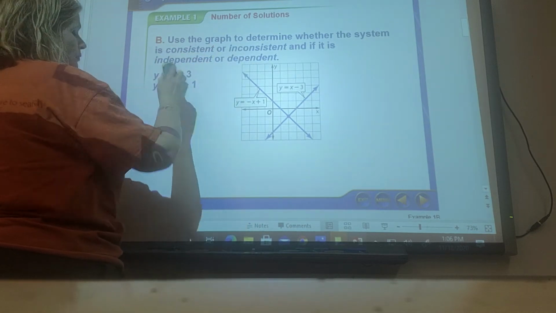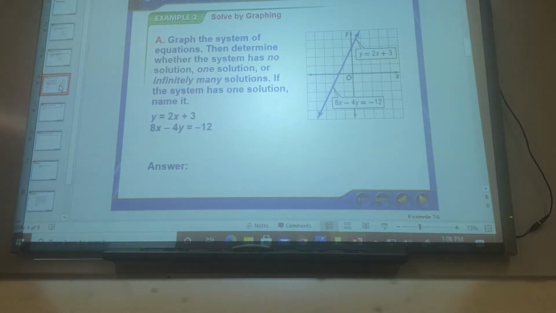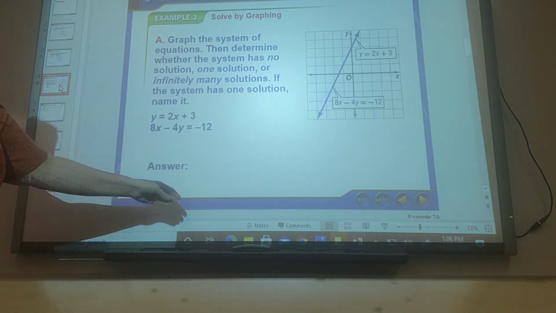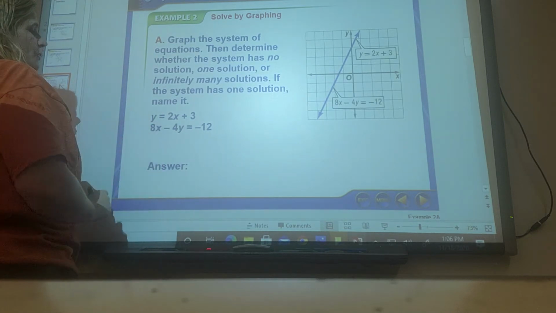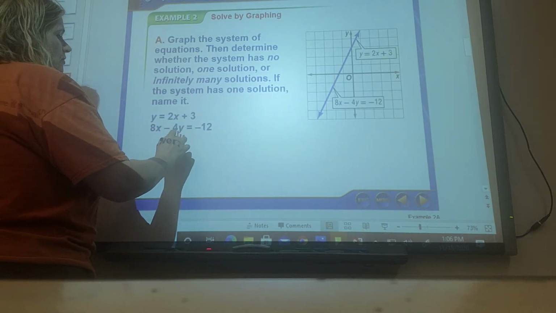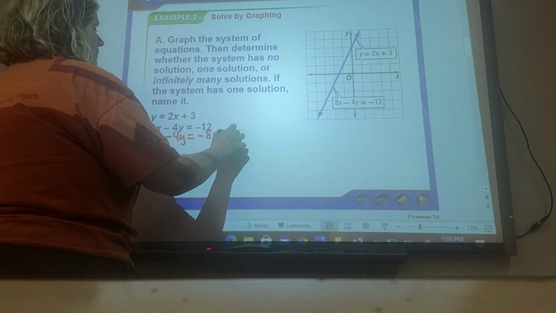To graph that, remember, we want to put that into slope-intercept form. Here we have two equations, and let's go ahead and put the second one into slope-intercept form. Subtract 8x from both sides, divide by -4.